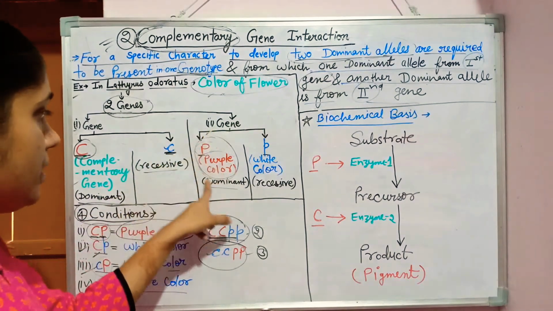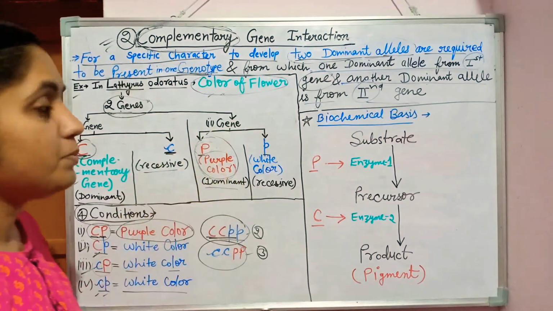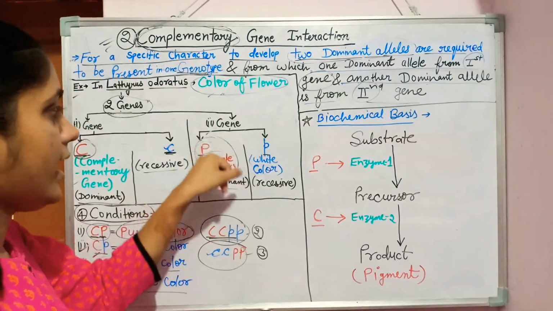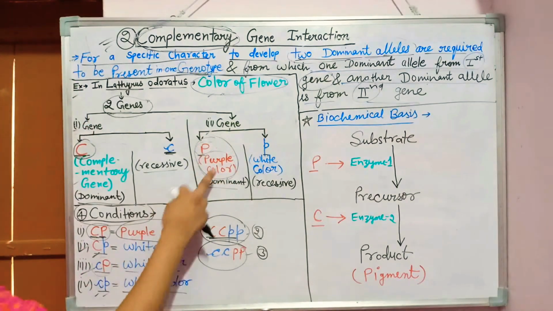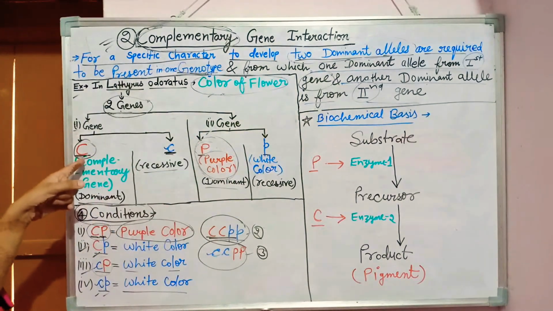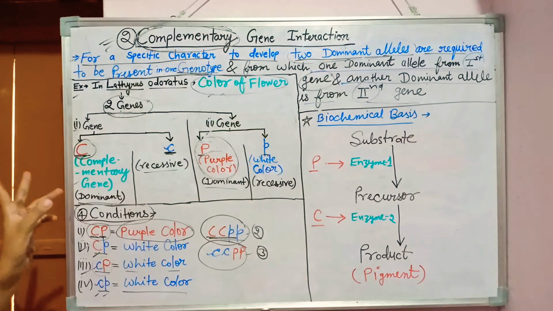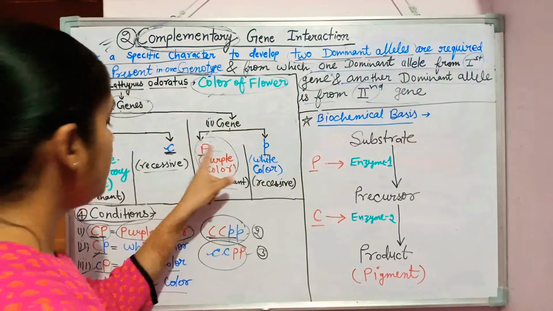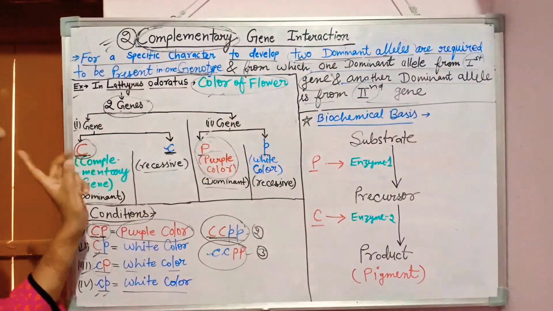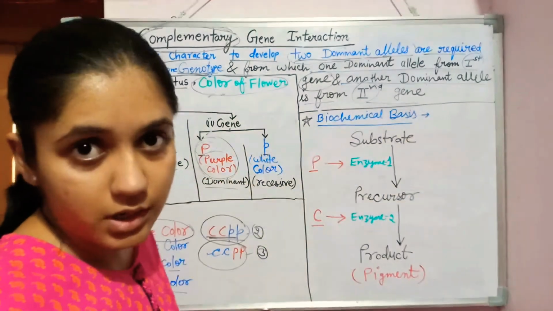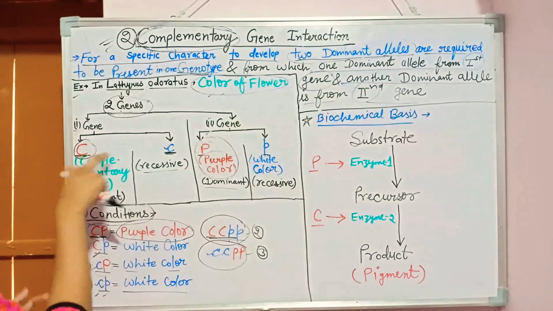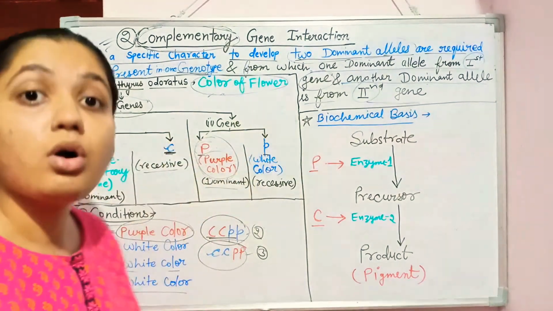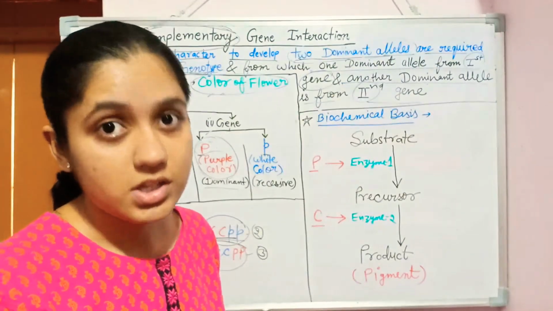The purple flower is only produced when this capital P allele is present together with capital C, the dominant allele. When only capital P is present and capital C is absent, then the flowers are not purple in color, because capital C and capital P, both dominant alleles from two different genes, are complementary to each other.